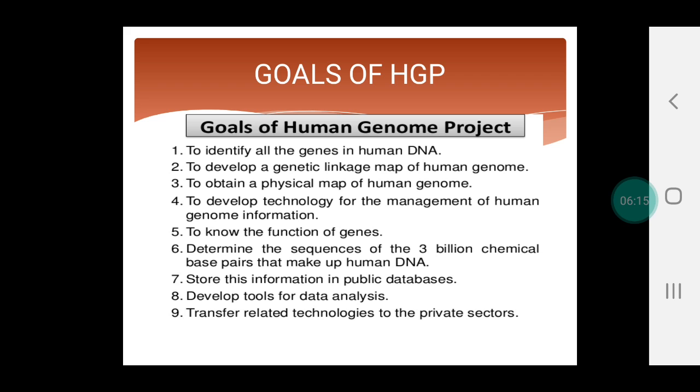These are genetic linkage maps, which determine the relative arrangement and approximate distance between genes and markers on the chromosome. And the second one is physical maps, which specify the physical location, that is where the base pairs are located, and distance between the genes or DNA fragments with unknown functions.